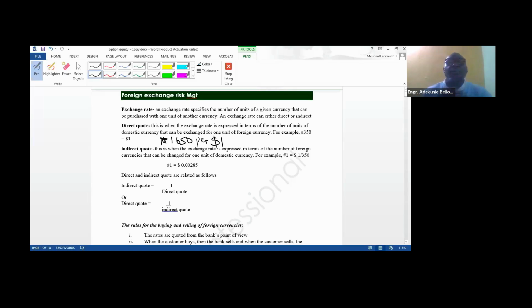For example, look at this. $0.0625 per naira. The number of units of foreign currency that can exchange for 1 unit of domestic currency, that is an indirect quote.